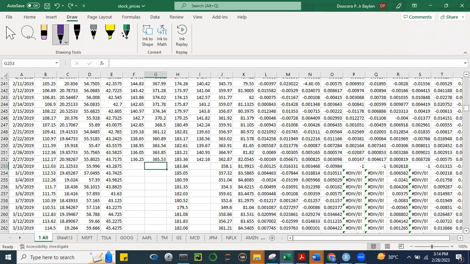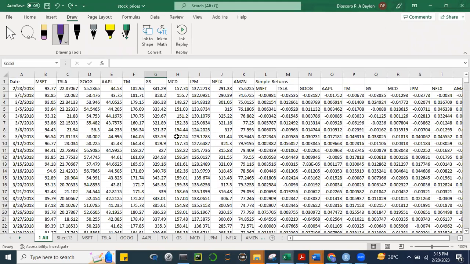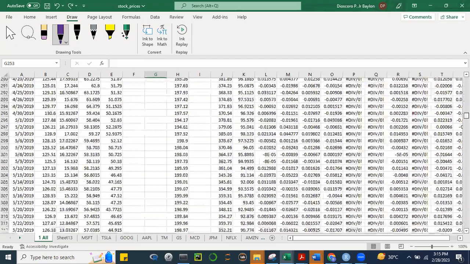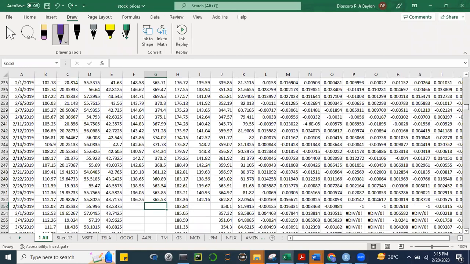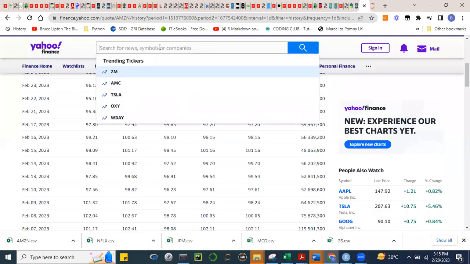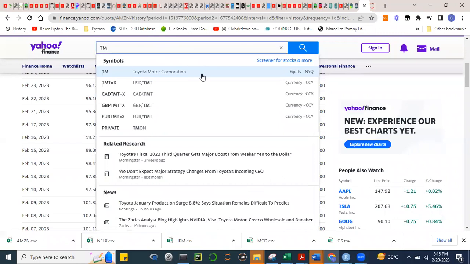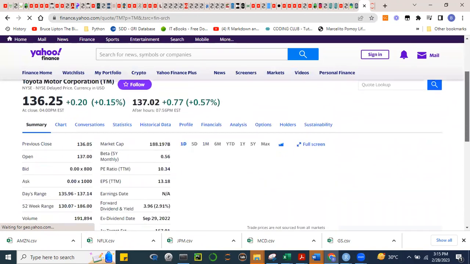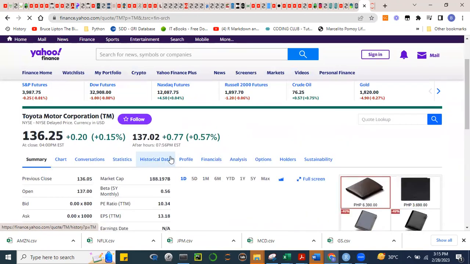TM and also Goldman Sachs have none. There are missing prices. And JPM. Let me go back here. TM, Toyota Motors, historical data.